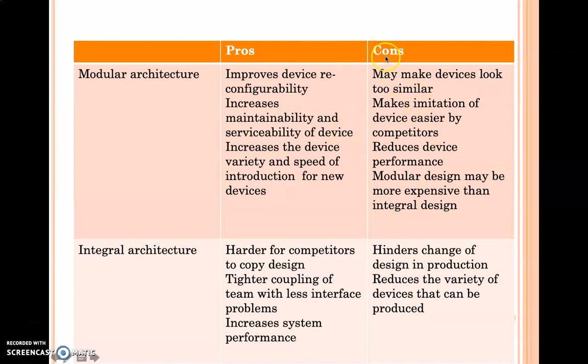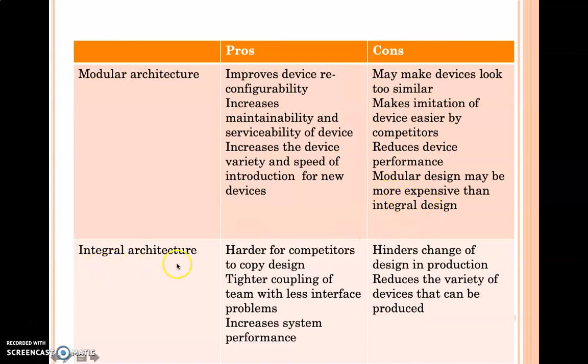The disadvantages or cons of modular are that it may make devices look too similar, and make imitation of the device easier for competitors. Your devices may be similar to the devices designed by your competitors. And modular designs may be more expensive than integral, because they consume more space.